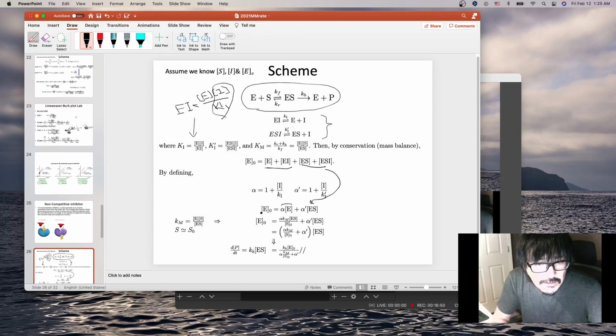So I can do a little bit more about this E here. E can be represented by Km times ES over S, right? Oh, that K is horrendous.